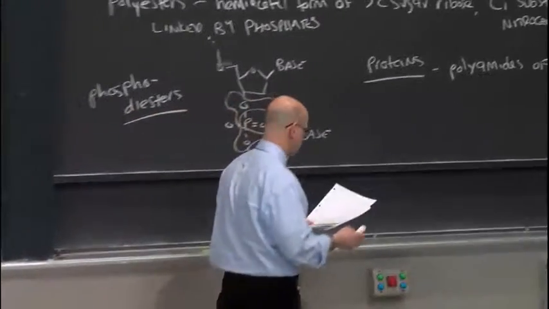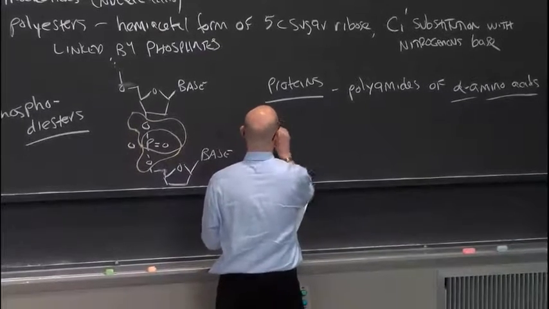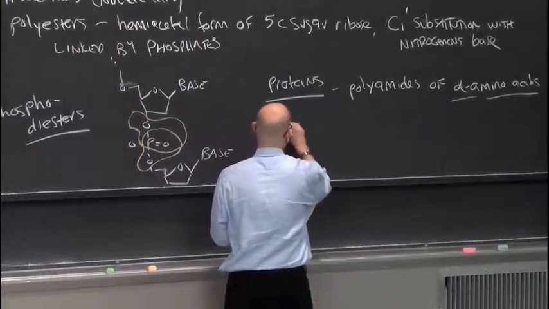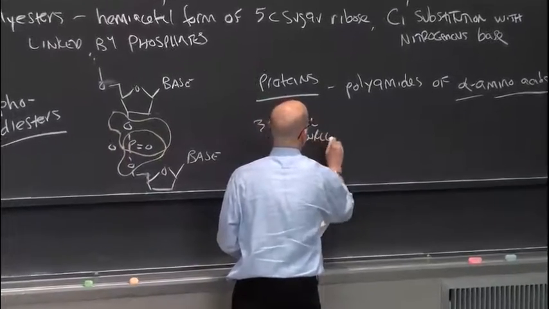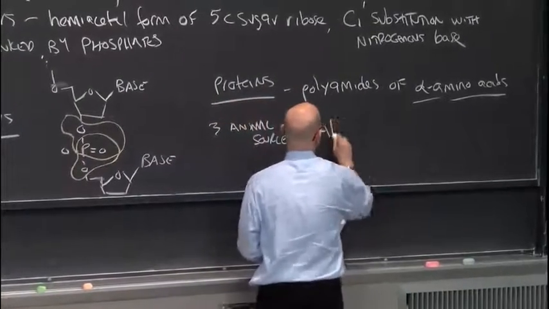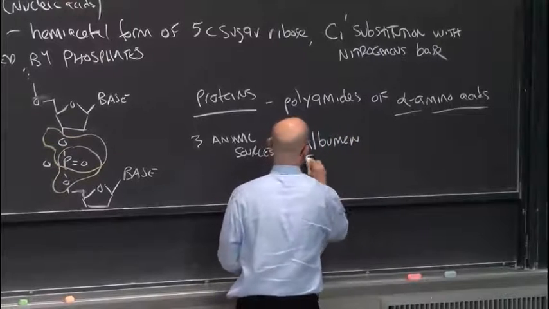Today we would call them proteins. They didn't call them that at the time, right? But what he purified were really three animal sources of material. And he called them albumin, fibrin, and gelatin.